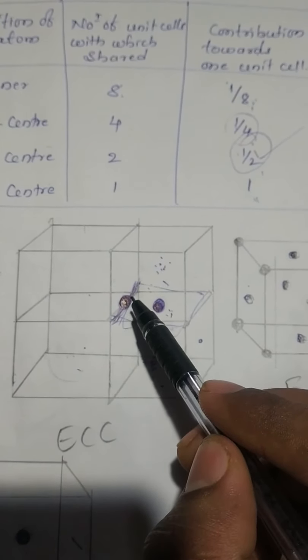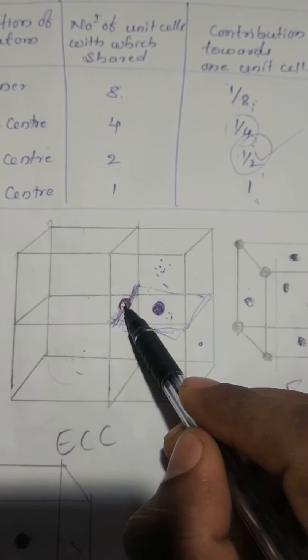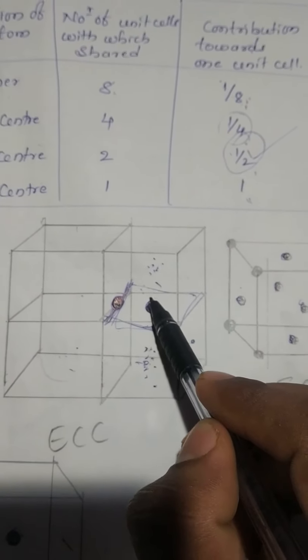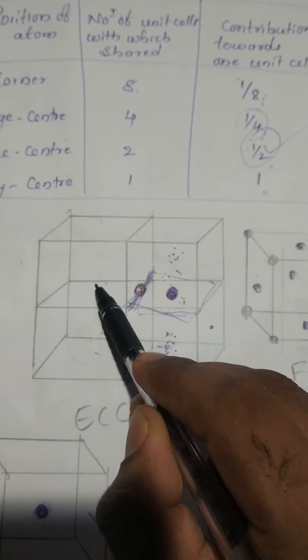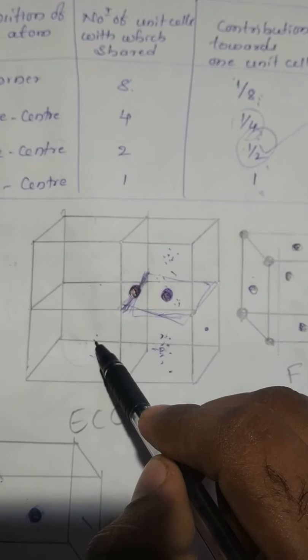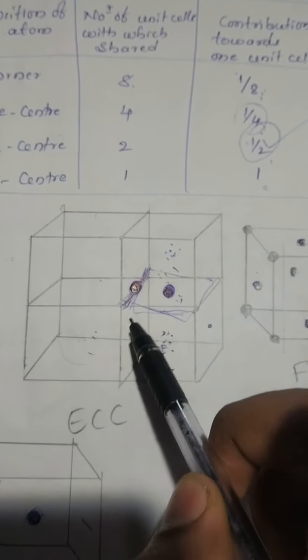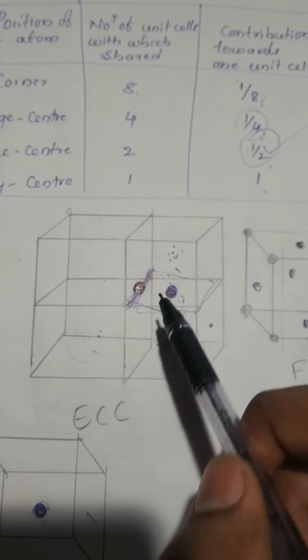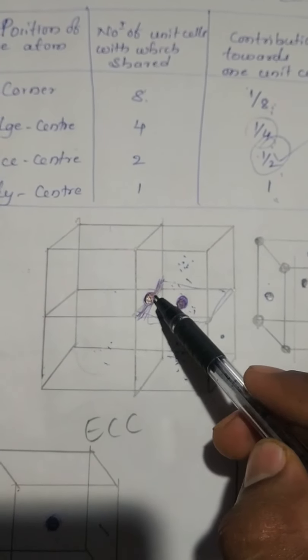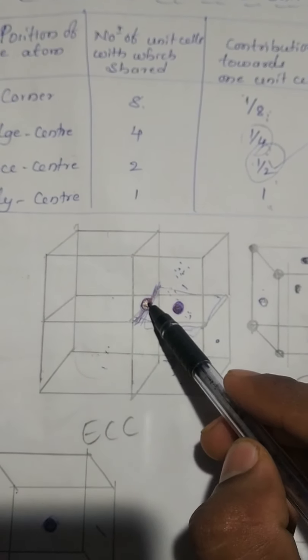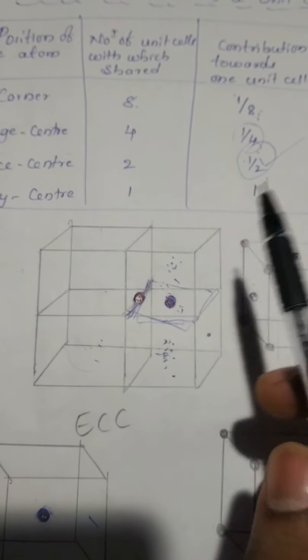Hence the contribution of this edge center particle towards one unit cell is 1 by 4. Four portions of 1 by 4 give a total of 1. So the contribution of an edge center particle to one unit cell is 1 by 4.